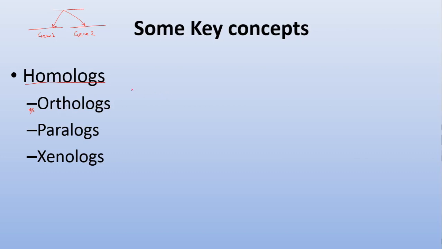To give an example, hemoglobin in human is orthologous to hemoglobin in chimpanzee.